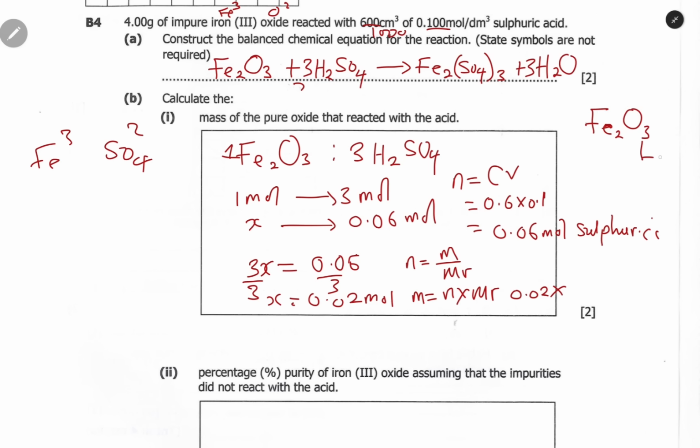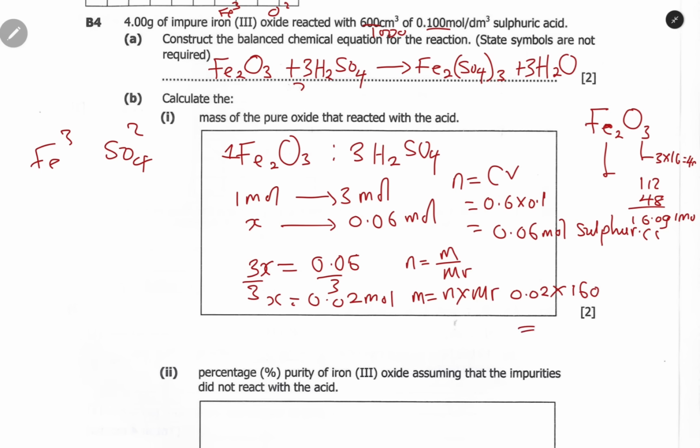This is 3 multiplied by 16, which is 48. Then one iron is 56, but there are 2 of them, so 56 times 2 is 112. So 112 plus 48. What is the total? 160 grams per mole.